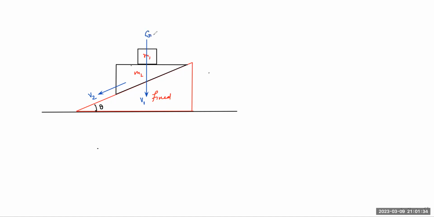This is the common normal. And because V1 is already along it, we need to just think of V2. So V2 will have V2 sin theta as a vertical component. Correct? Okay. So we have to think about this point, and the velocity along this direction must be the same for both. This is the constraint.